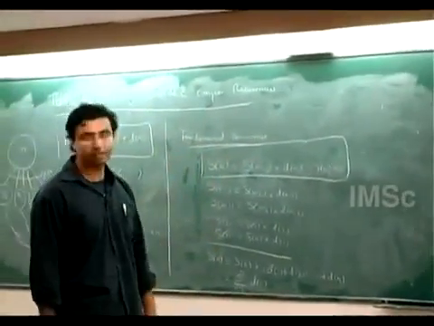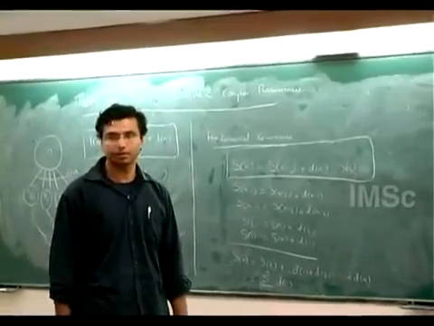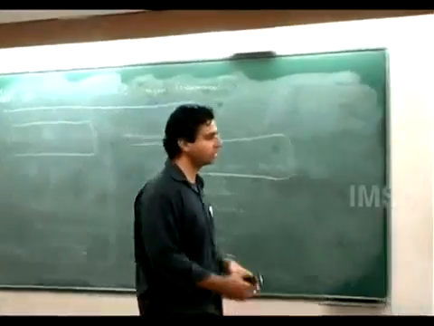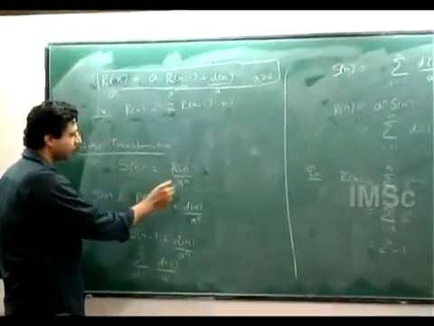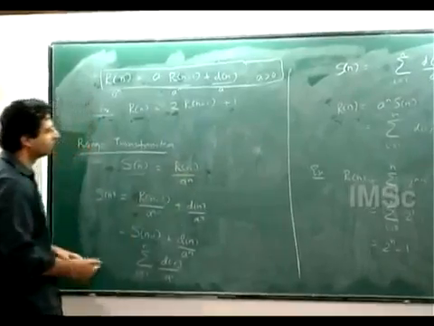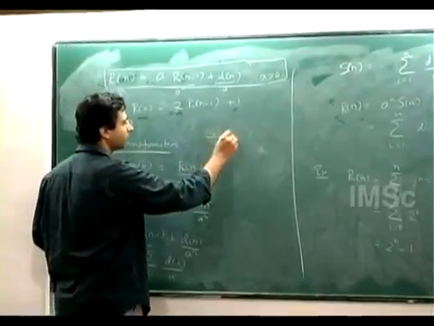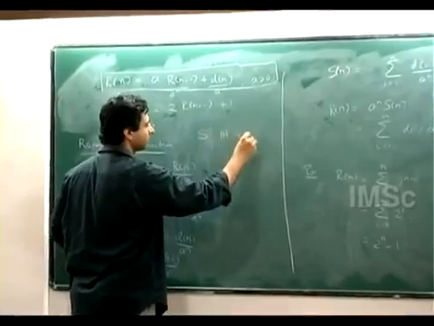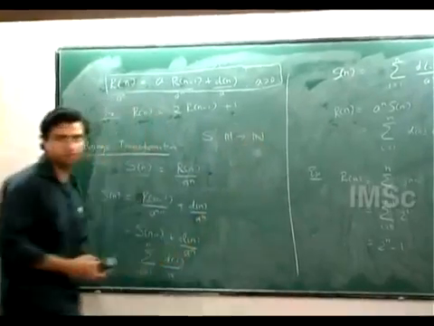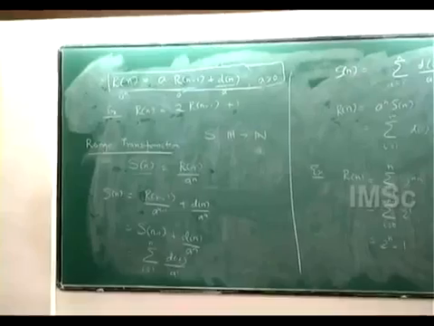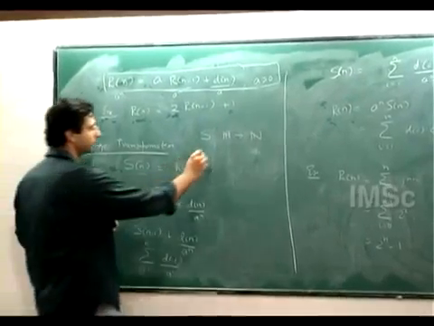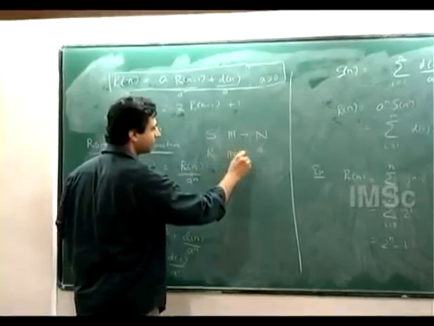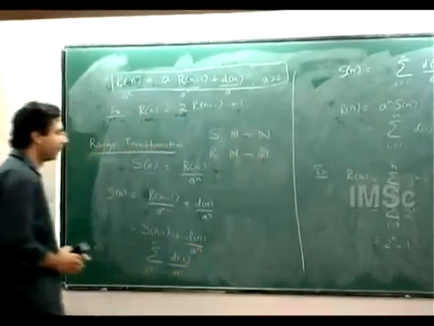So why do we call this a range transformation? The functions S and R of n are functions from the natural numbers to the natural numbers. They take in some natural number 0, 1, 2, and so on, and output some natural number.